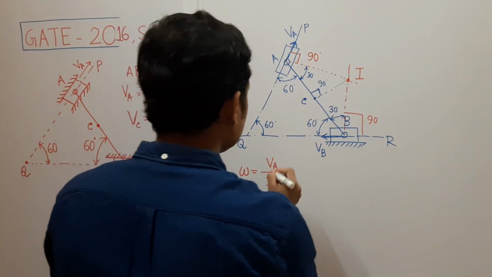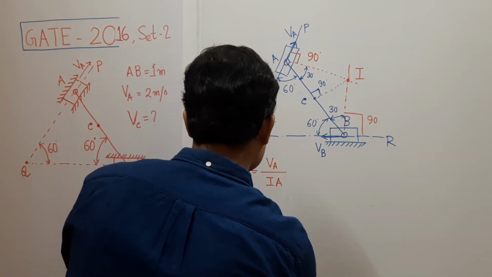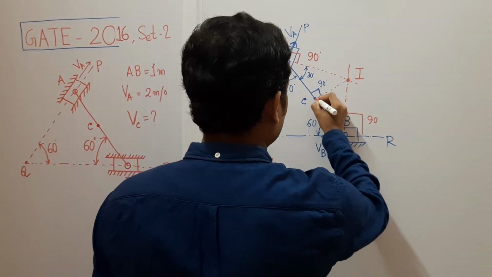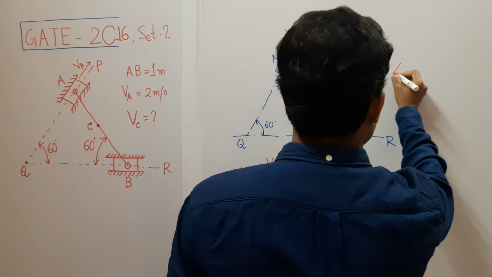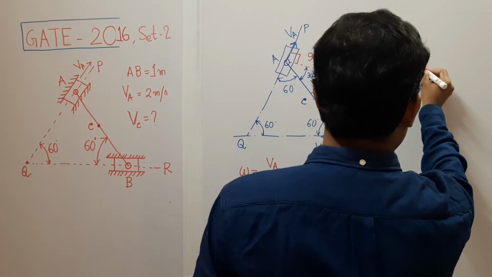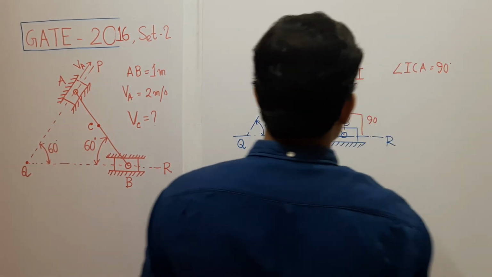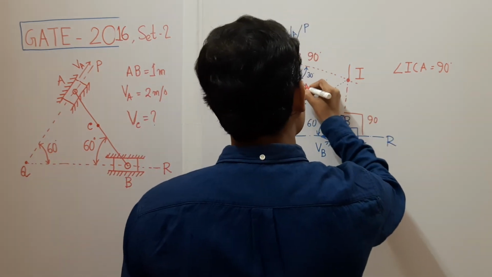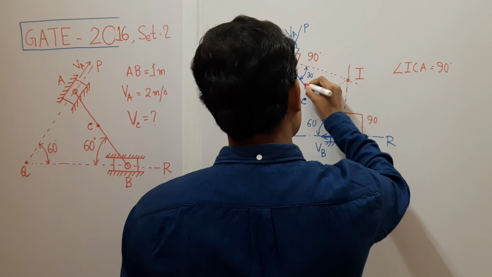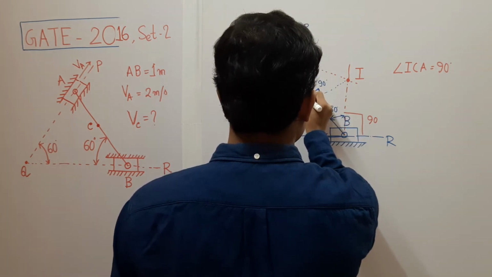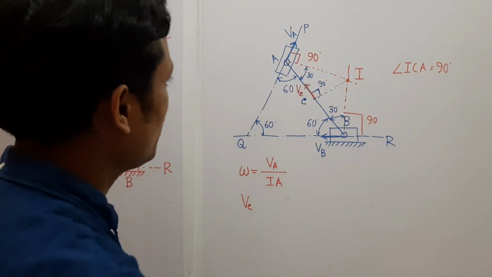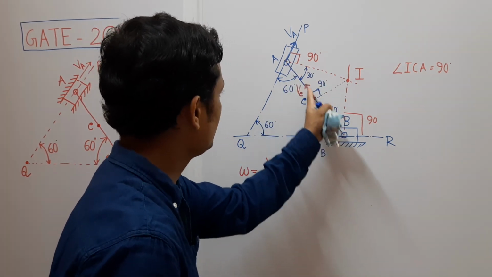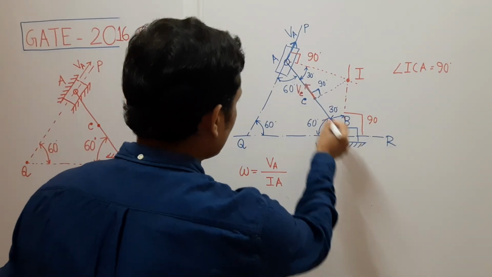And now what is VC, the velocity at point C? If angle ICA is 90 degree, then VC will be perpendicular to IC, that is along AB. So this is VC. VC is parallel to the rigid link AB.